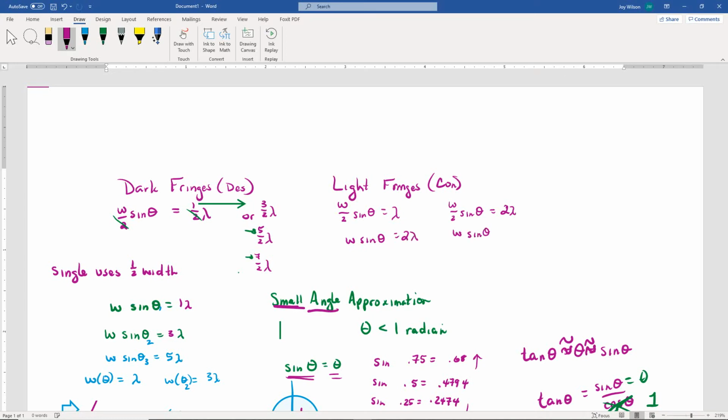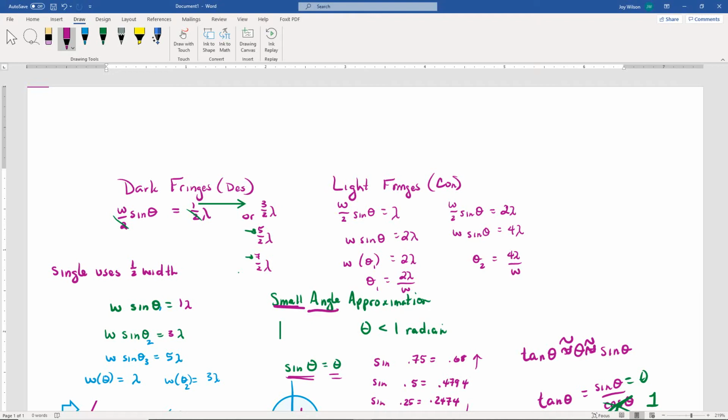W sine theta equals 4 lambda. So W sine theta 1 equals 2 lambda. So theta 1 equals 2 lambda over W. Theta 2 would be 4 lambda over W, and so forth and so on.